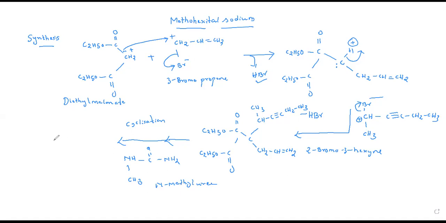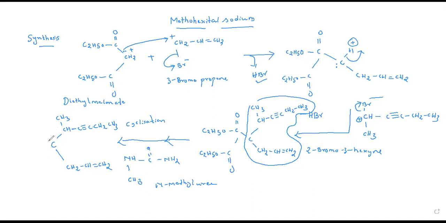You can write here C, this one I'm writing as C single bond CH, CH3, C triple bond C, CH2, CH3. This portion I have written the same, followed by the allyl group CH2, CH double bond CH2. Up to this portion, I have written the same thing in the final structure also.